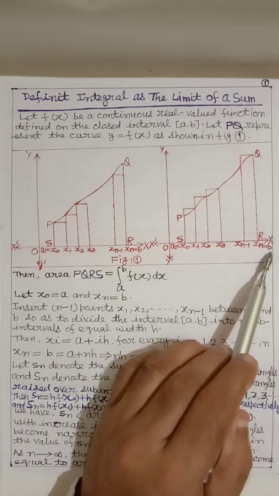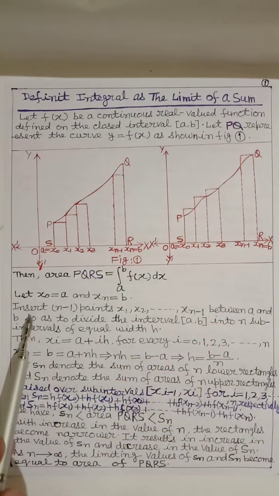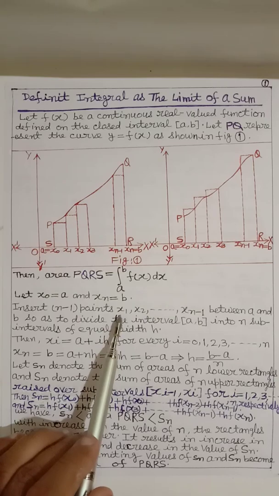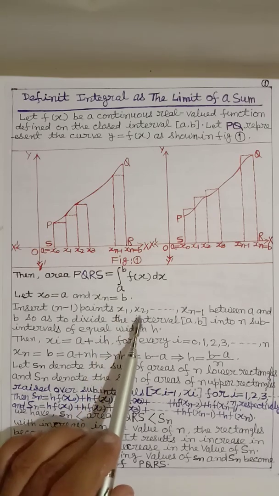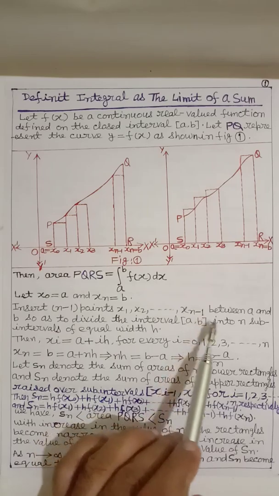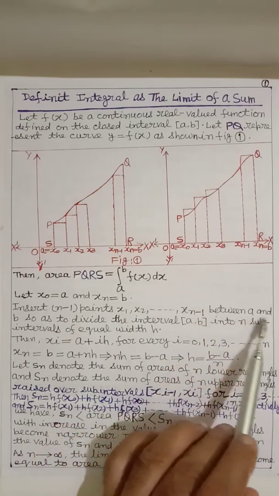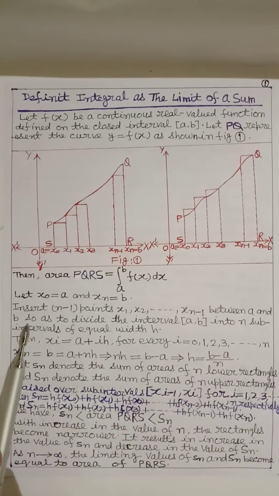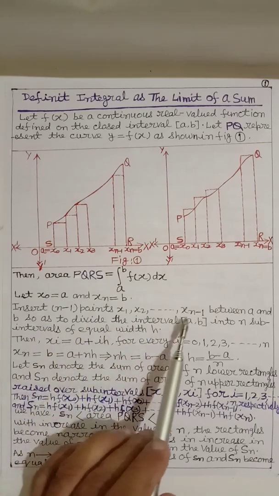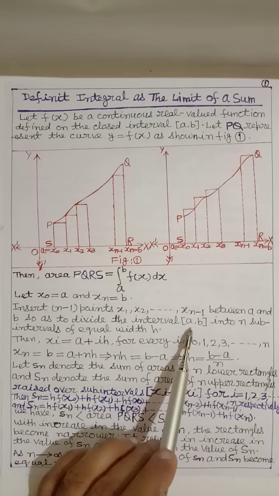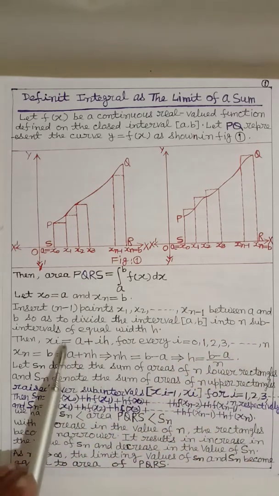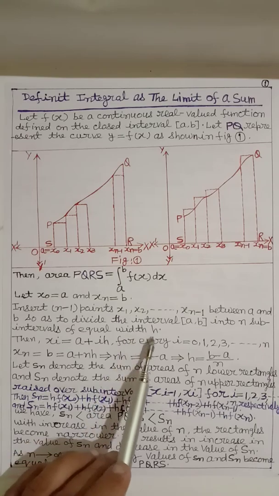Insert n minus 1 points, that is x1, x2, x3 and so on up to xn minus 1, between a and b, so as to divide the closed interval a to b into n sub-intervals of equal width h.